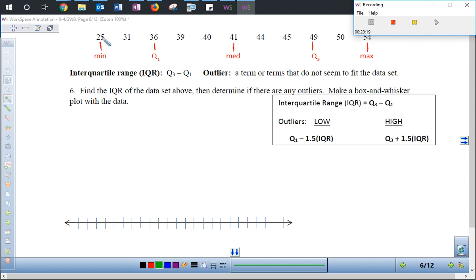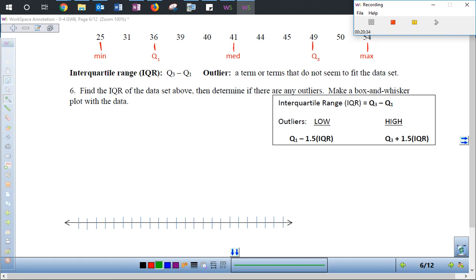So we need to start with 25 and go all the way up to 54, and let's see how many tick marks we have here. We have 1, 2, 3, 4, 5, 6, 7, 9, 10, 11, 12, 13, 14, 15, 16, 17, 18, 19, 20, 21, 22, 24 tick marks.